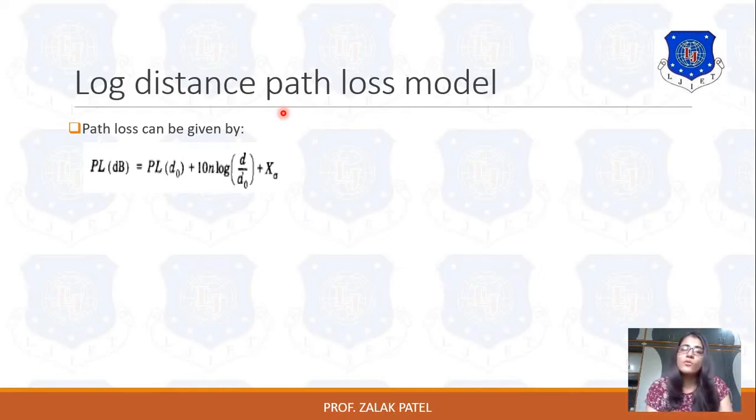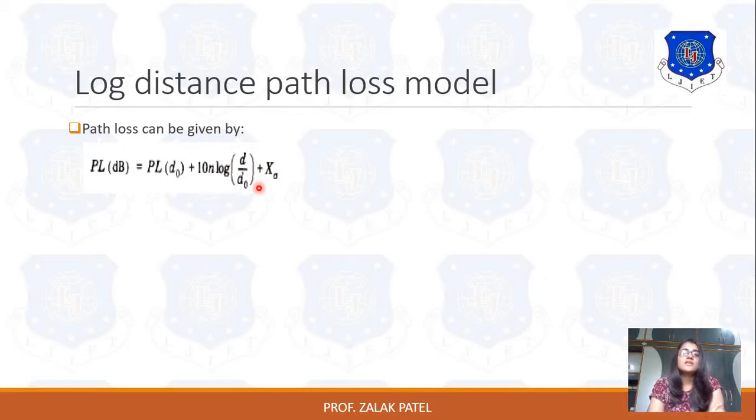If we put it in logarithm form, it will be equal to 20 log of 4 pi d upon lambda. Now in this case we take path loss at d0, the reference distance, then 10 n log d by d0.